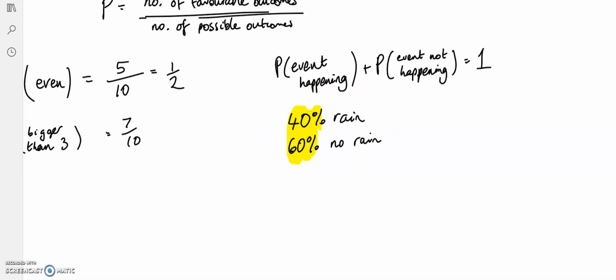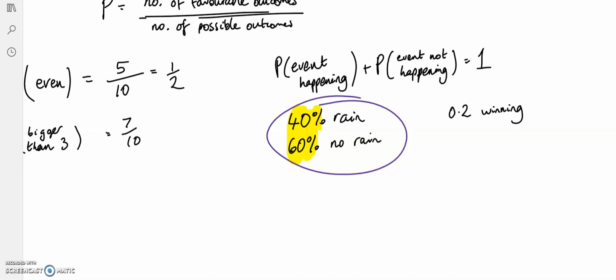We could think about this in another way. Remember I said probabilities could be written as decimals. So let's say that there's a 0.2 chance of winning a game. If there's a 0.2 chance of winning, that means that there's a 0.8 chance of losing, because these two values need to add up to a whole.